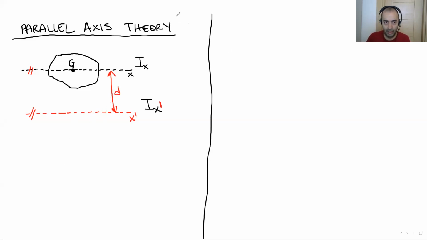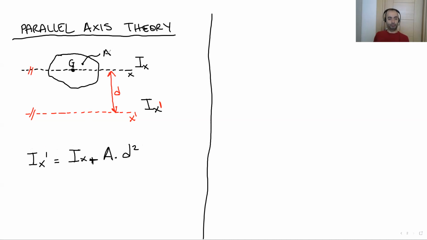Ix prime equals Ix plus area times d squared. This is the area.